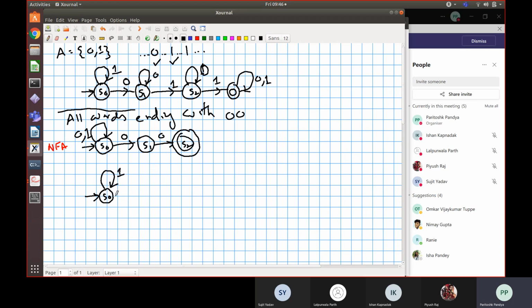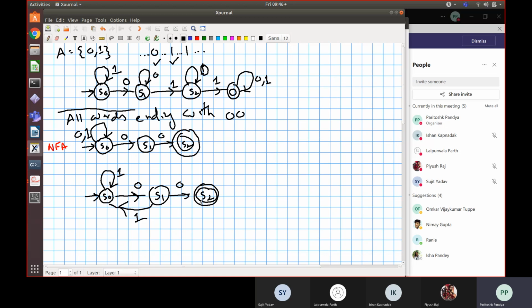Because it cannot be there. If we get a 0, possibly this is the second last 0, right? And we can go to S1. At this point, if you get a 1, then what happens? Return to S0. Exactly, 1. If you get another 0, then you go to S2. Final state. This is final state.